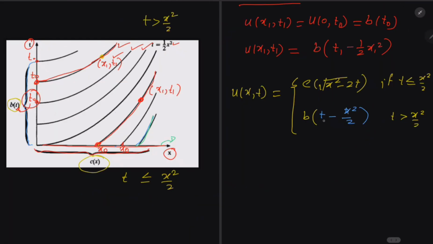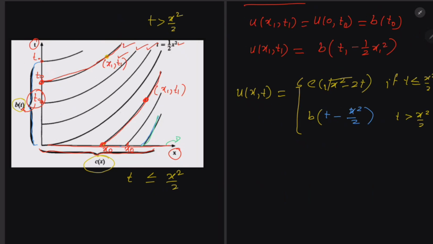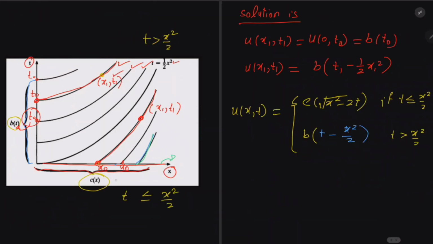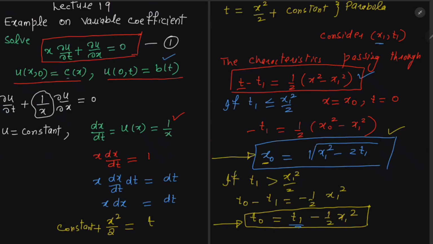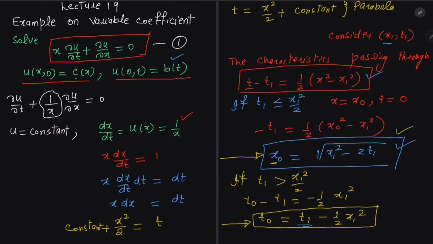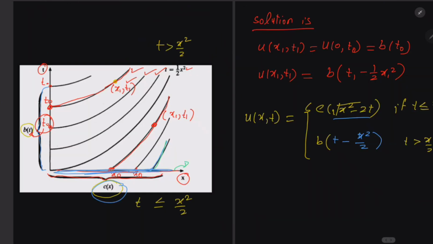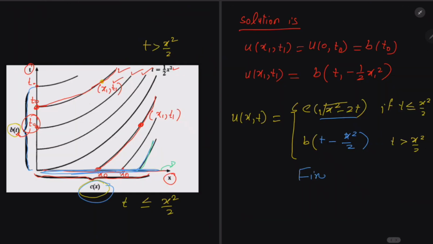So this is b. And for c, since this is c and c is on the x-axis, when there is x naught, we put the value of x naught, which is already defined over here. So this is the final solution of this advection equation. Thank you for watching.